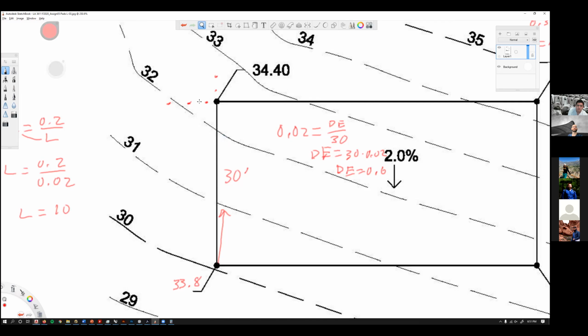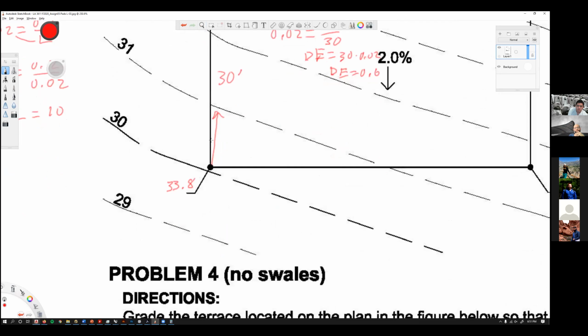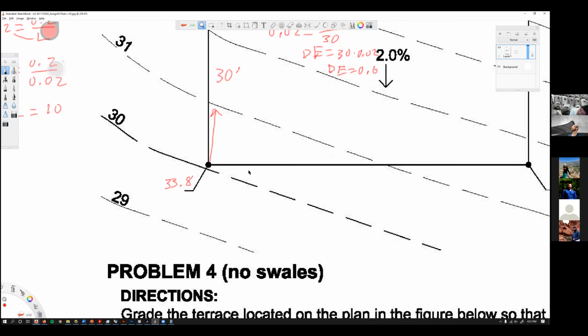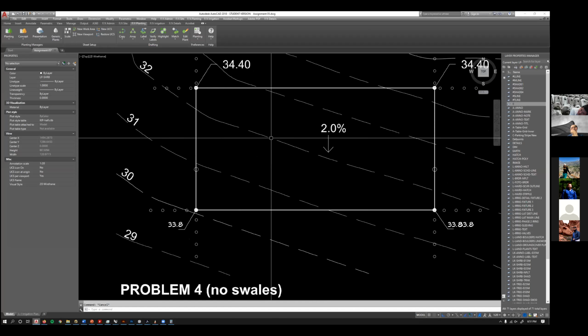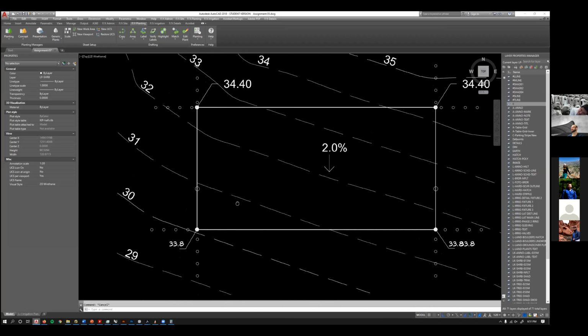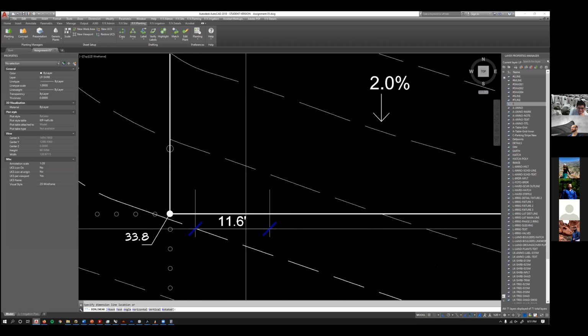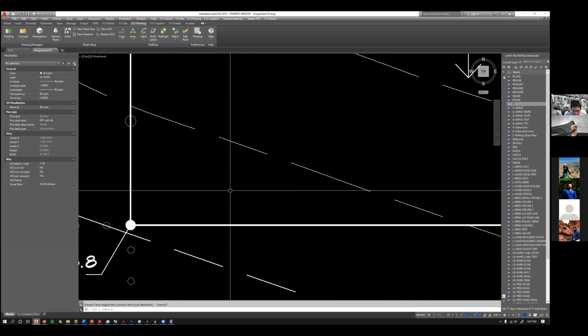Justin, do you mind explaining again? You said that from the point that we already have, we go up and down 1.2, right? But then you put a 1.3. Is that right? I think it's the way the dimensions are working in AutoCAD. Oh, you know what it was?